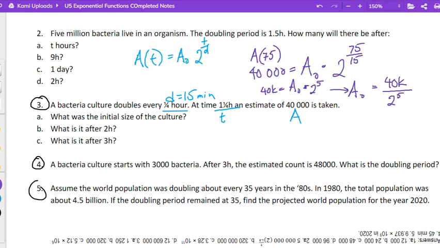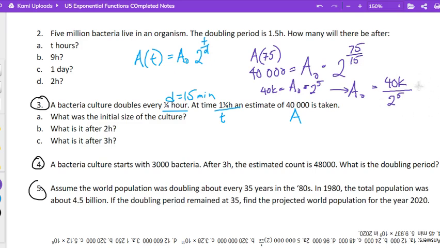Now it doesn't matter if you chose instead to use time in hours and go 0.25 and 1.25. Because it's a ratio, you will still get the exponent of 5. So it doesn't matter which unit you use as long as the unit of both times is the same.